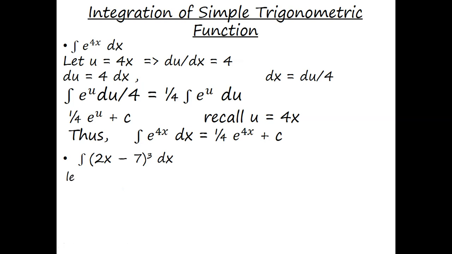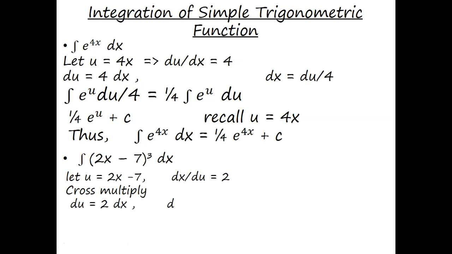And if that is the case, we say let u be 2x minus 7, and that gives us that du over dx is equivalent to 2. Then we cross multiply to make the dx the subject of formula, and that will give us du is equivalent to 2 dx.